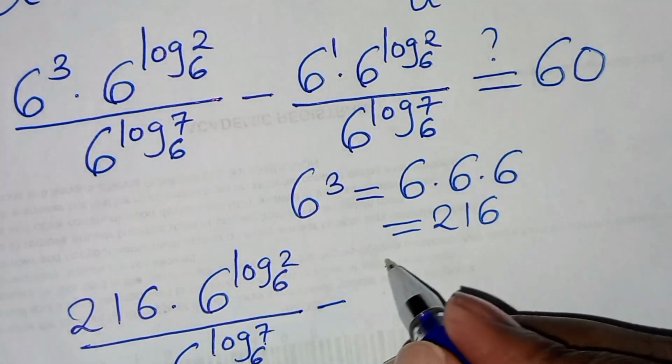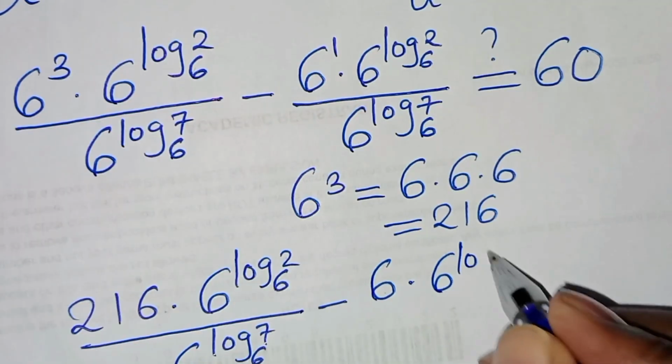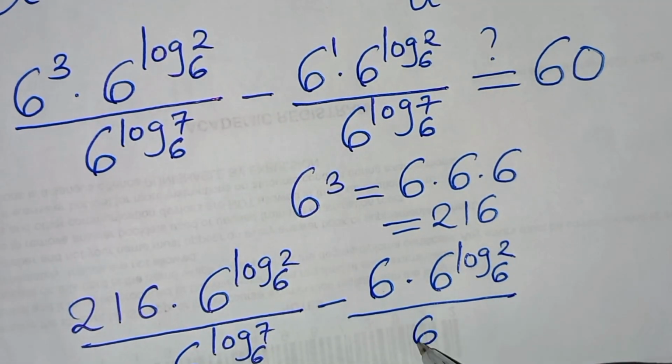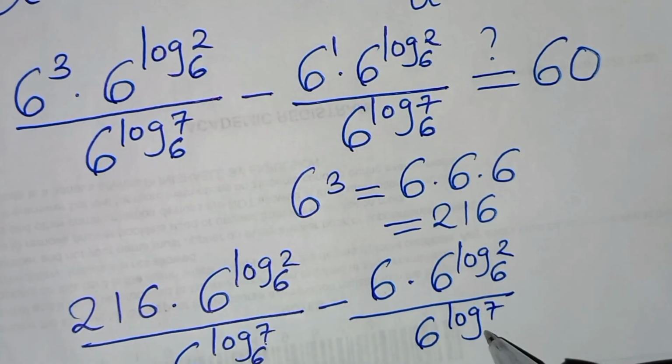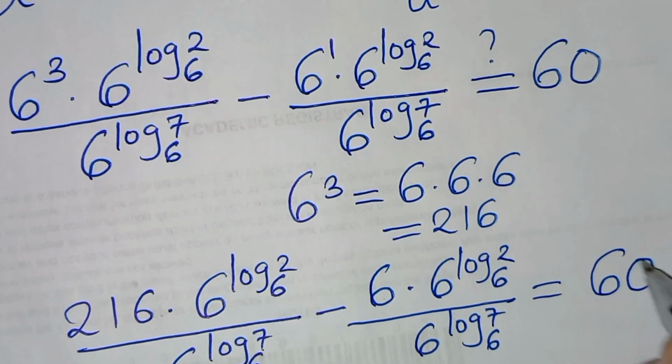Subtract, we have 6 to power 1, this is the same thing as 6, times 6 to power log 2 to base 6 divided by 6 to power log 7 to base 6. This is supposed to give us a value of 60.